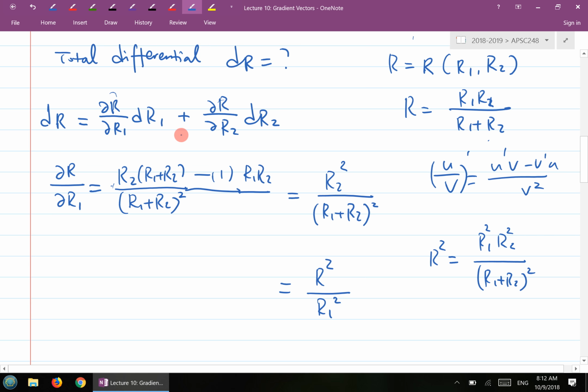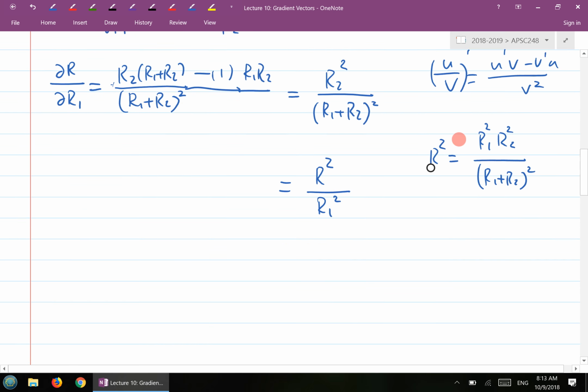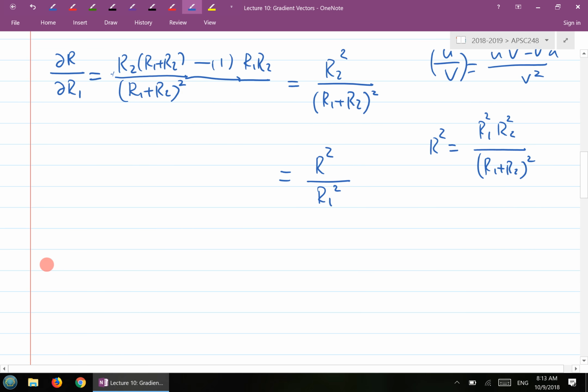Now the second part of the question: R1 will go through certain changes. In this question, you need to read it carefully. Basically, you need to know what the initial value and what the final value are. In this case, R1 goes from 20 ohms to 20.1 ohms.